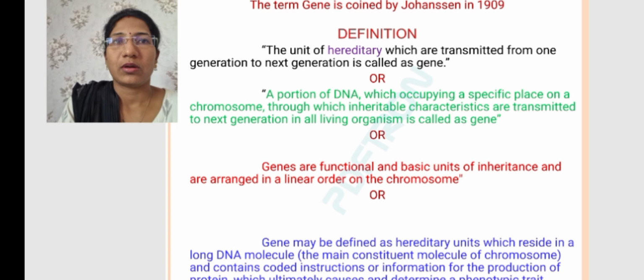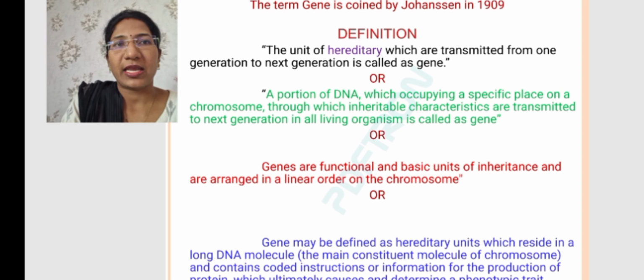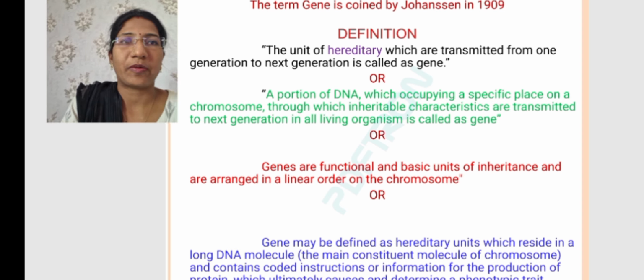So, we move to our most important terminology, that is gene. Gene means the unit of heredity which is transmitted from one generation to the next generation. Okay, you are clear?